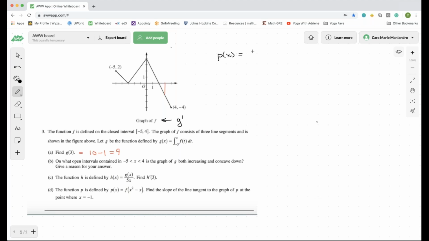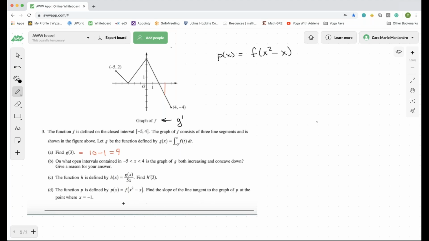Okay, p of x is equal to f of x squared minus x. Find the slope of the line tangent to p at the point where x is equal to -1. So again, well, let's first find the point. How about that?